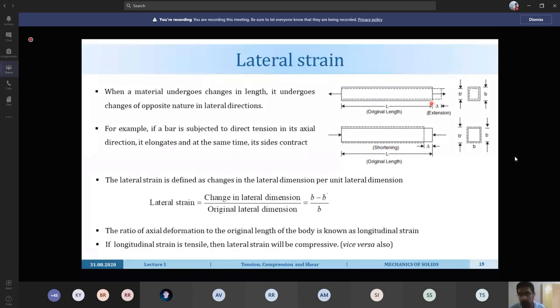For example, if you elongate the bar, the longitudinal strain will be delta by L, a positive quantity, but the lateral strain becomes a negative quantity. Similarly, vice versa: if the longitudinal strain is negative, compressive in nature, then the lateral strain will be tensile in nature.